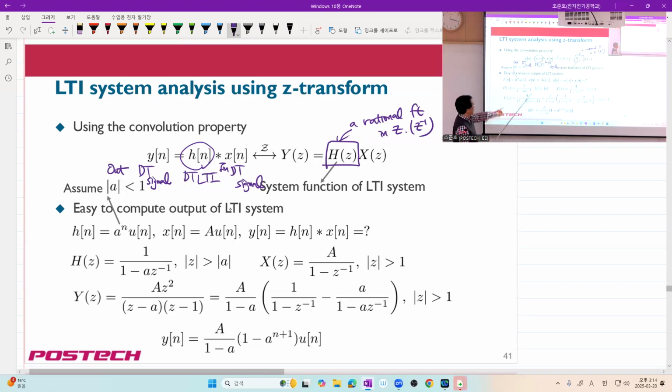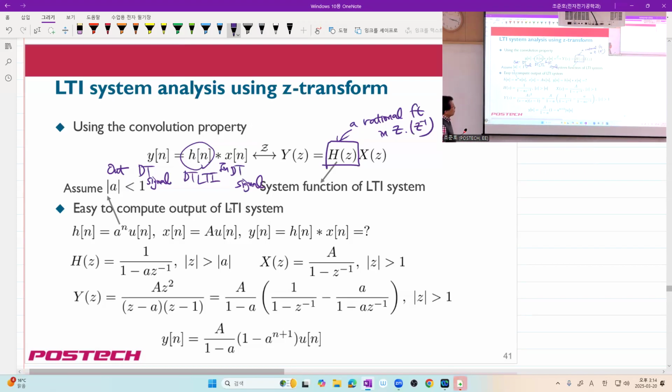And let's see. Here, the Z-transform of some DT-LTI system has an expression like this and region of convergence this way. Actually, from this one, you can immediately find the impulse response, right? What is that? A to the n, u of n.